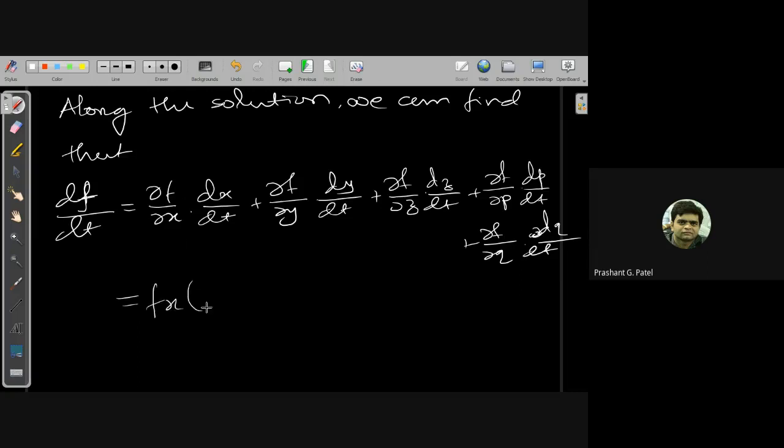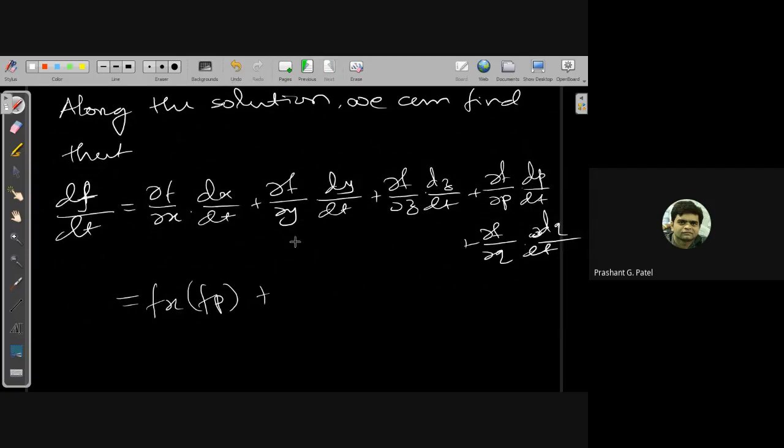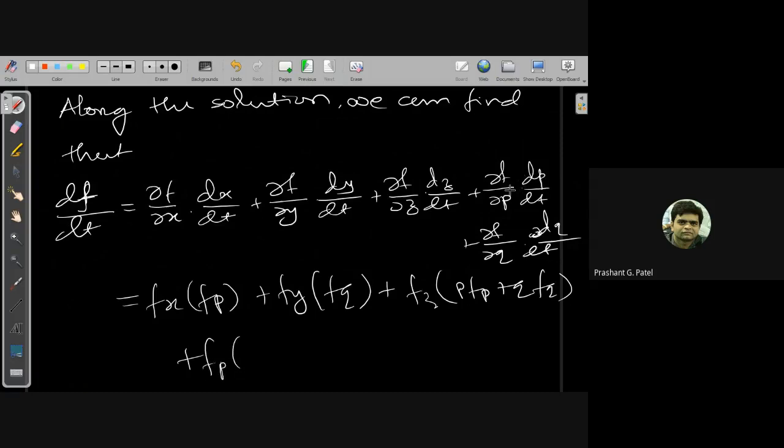So it is fx dx by dt. From the equation number 11 we have fp, so that's why it is fp plus fy into fq plus fz into pfp plus qfq plus fp into dp by dt. dp by dt we have calculated as minus fx minus pfz plus fq into minus fy minus qfz.